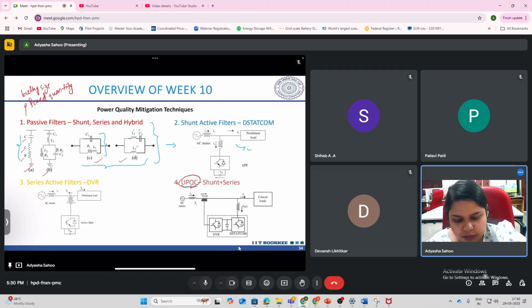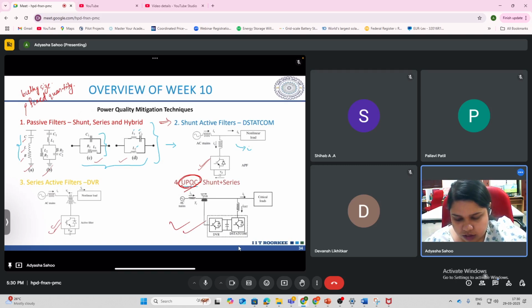So we move from passive to active filters, which can easily adapt according to the system conditions because we use power electronic components. Depending upon the connection, they can be of series type or shunt type. And in the UPQC, you have a combination of both shunt and series active filters.